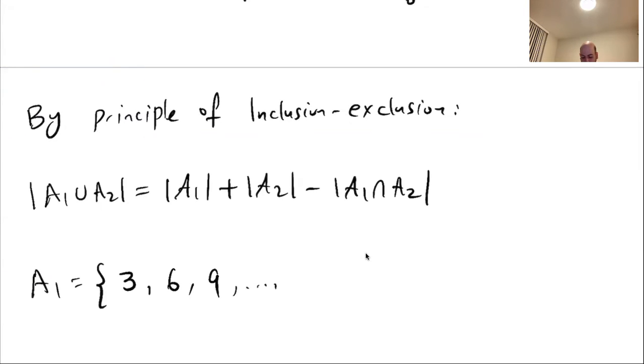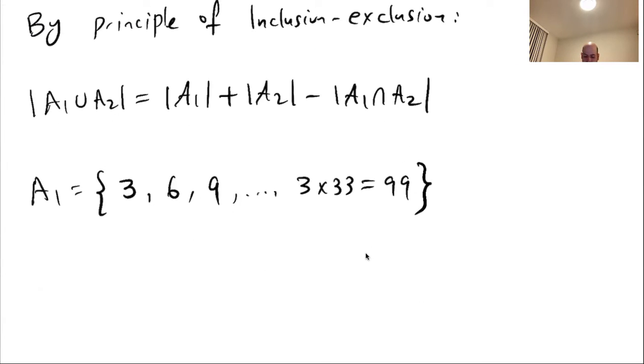And all the way to 3 times 33, which is 99. So that's the last one. So A1 has 33 elements, obviously, right? 3 means 3 times 1, 6 means 3 times 2, 3 times 3. And the last one is 3 times 33.